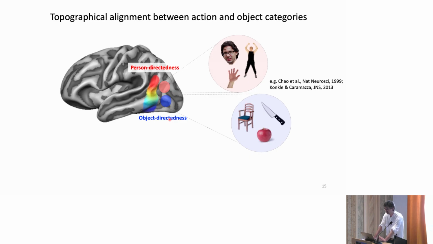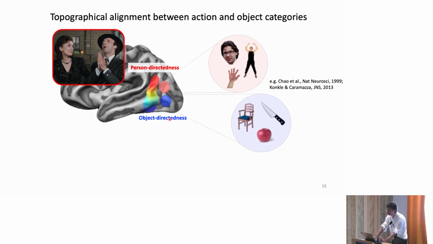So this seems to reflect the category-specific relations between actions and involved objects. So to make an example, the recognition of social, of person-directed actions relies mostly on the analysis of body-related information, such as person orientation or gestures and facial expressions.